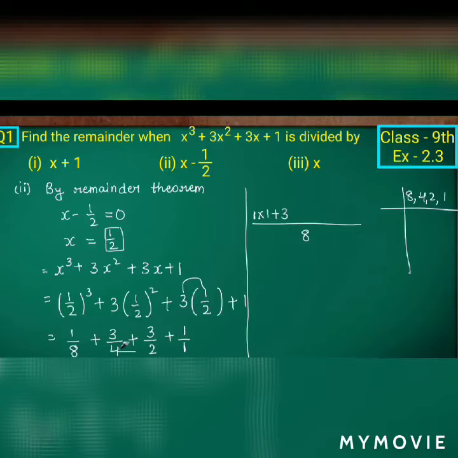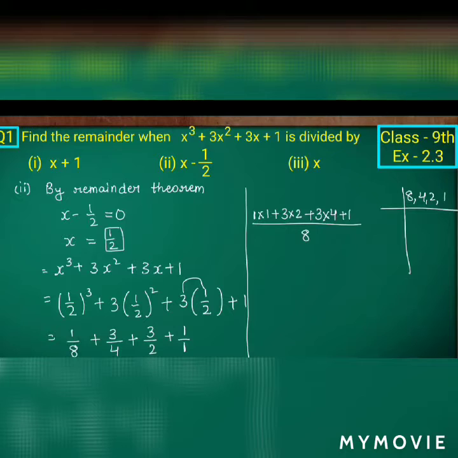So what you will get here: 1 into 1, isn't it? Plus 3 into 2, plus 3 into 4, isn't it? So 8 ones are 8, fours are 3 into 4, plus 1 into 8.